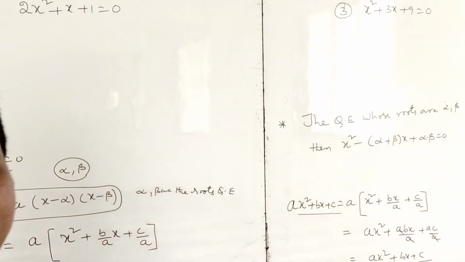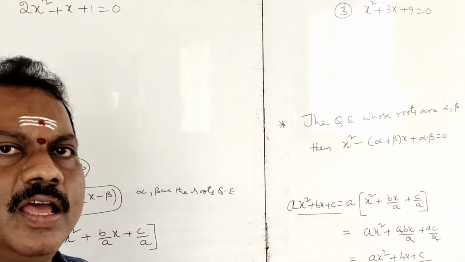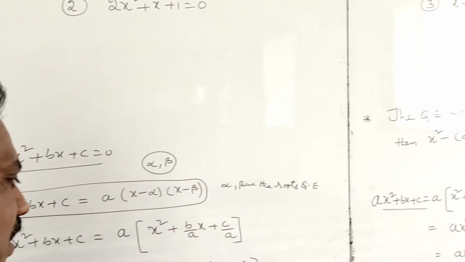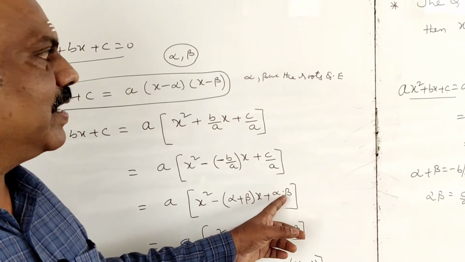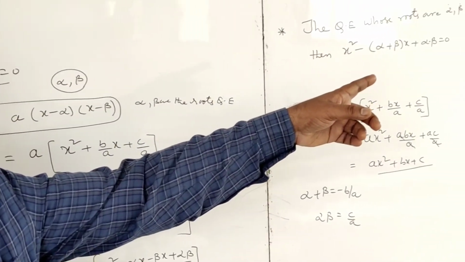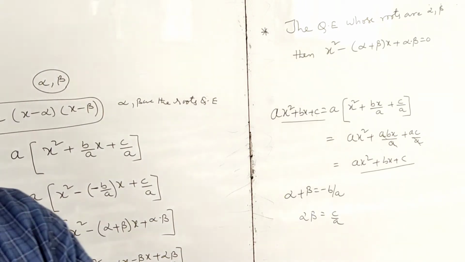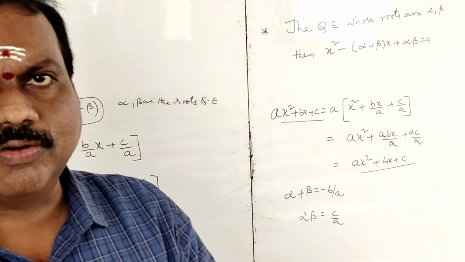This is the quadratic equation whose roots are alpha and beta. We got that step here: x square minus alpha plus beta into x plus alpha into beta equal to 0. That means whenever they give roots, you can calculate the equation. Whenever they give an equation, you can calculate roots.